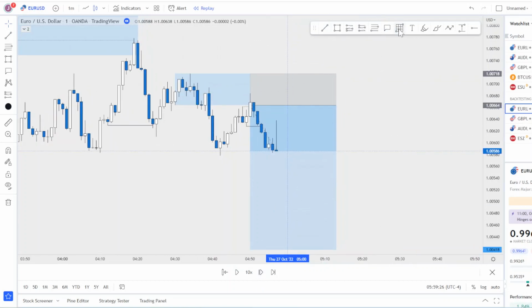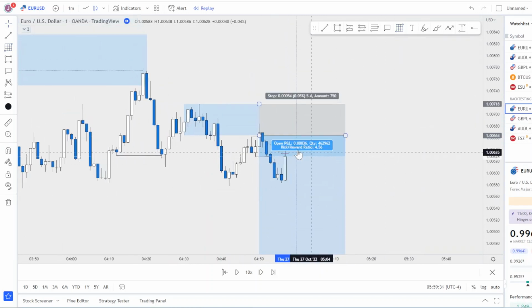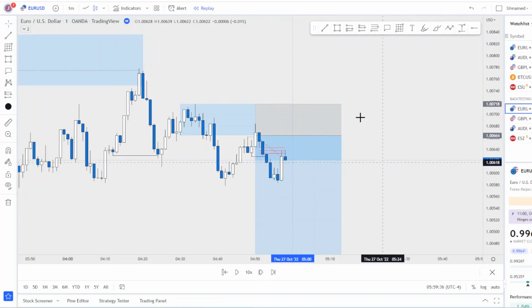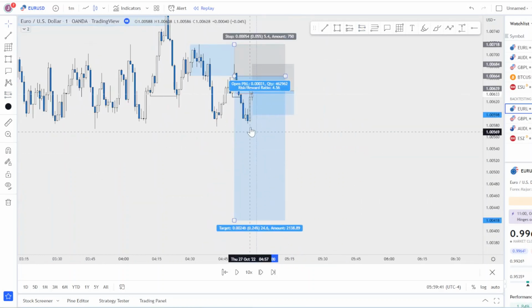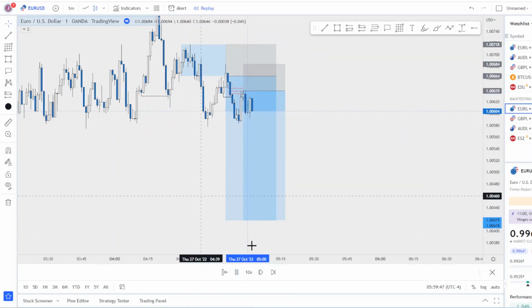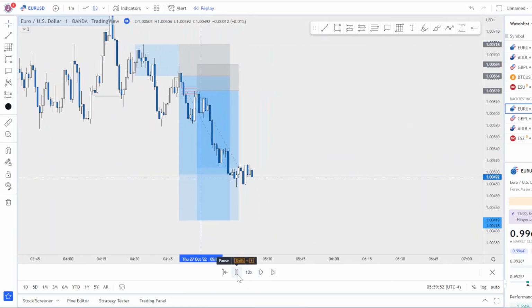Now my entry was, I simply just took this 50% of the fair value gap. So I entered there, and my stops was above the high, and again I was targeting lower prices.